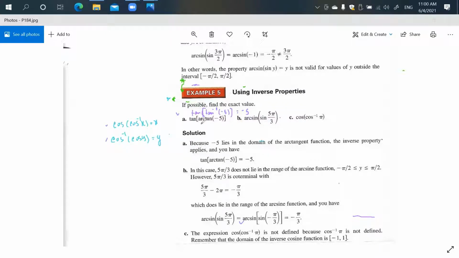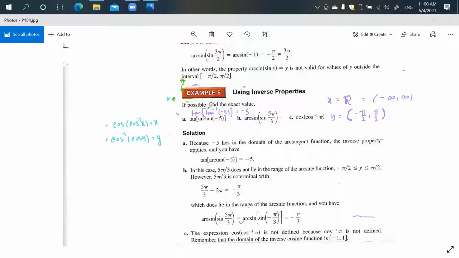Why? Remember the property of arctan, the inverse tangent function. The domain is the real numbers, correct? And the range is open, minus pi over 2 to pi over 2, not included. For arc sine, yes, it is closed, included, but arctan excludes the endpoints.